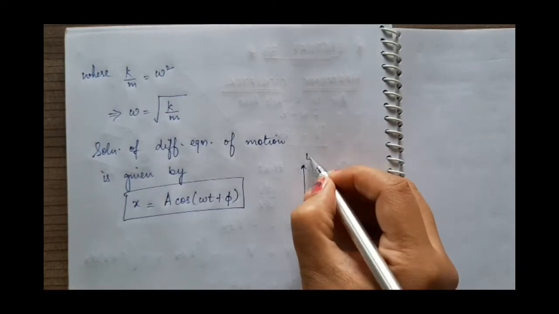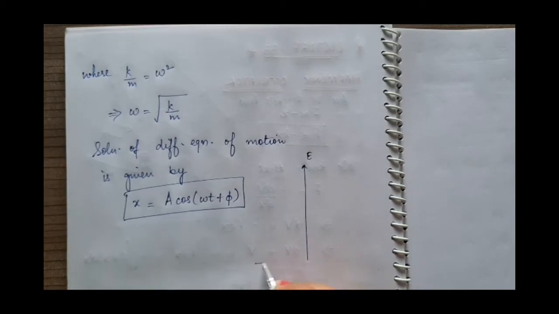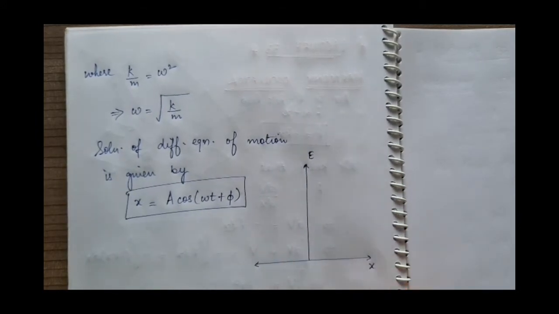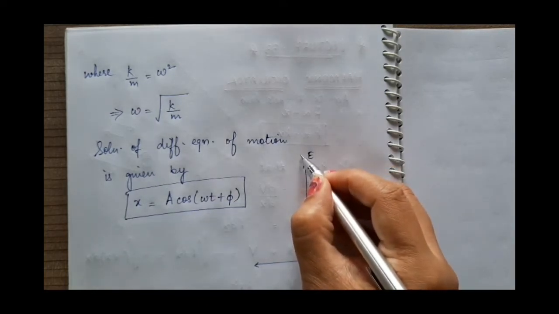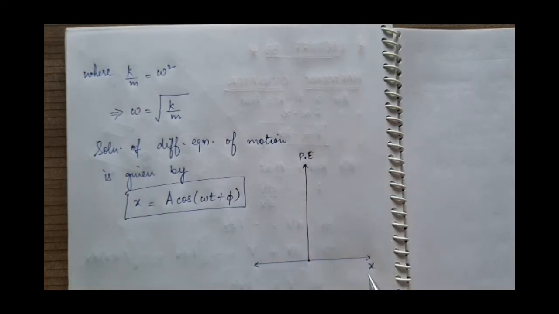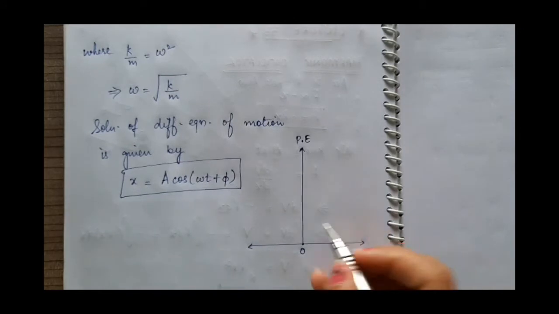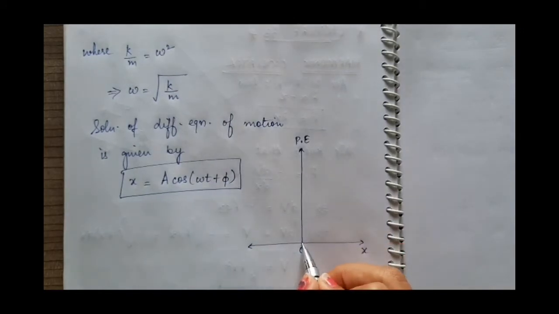Suppose this is the energy. We are plotting the graph of energy versus displacement from the mean position, and this is the mean position. So we are plotting potential energy versus displacement. At the mean position, potential energy is 0.